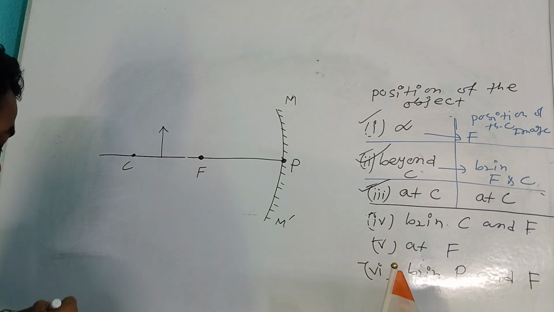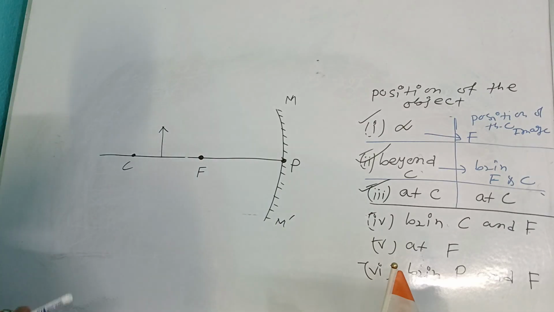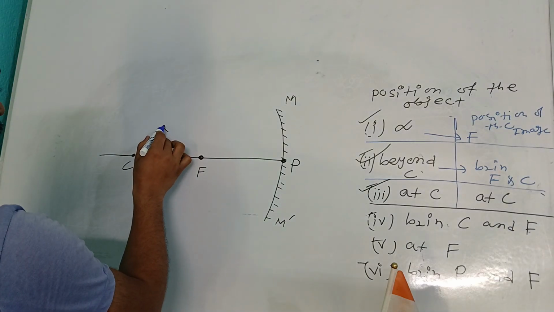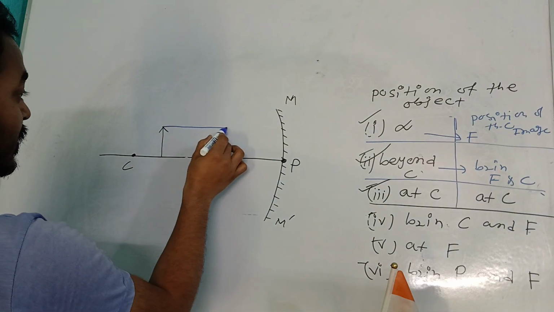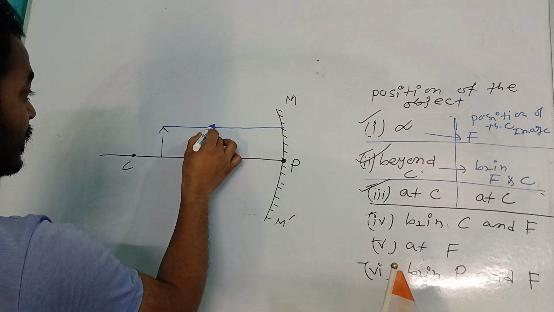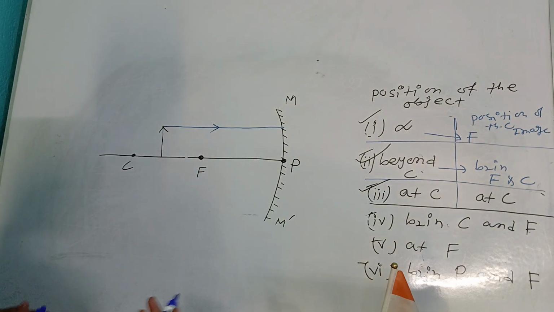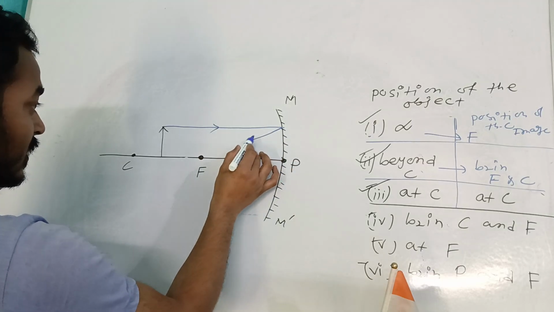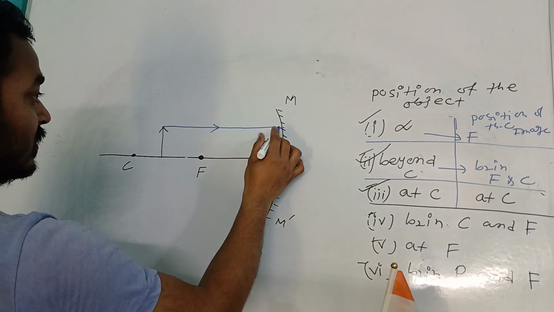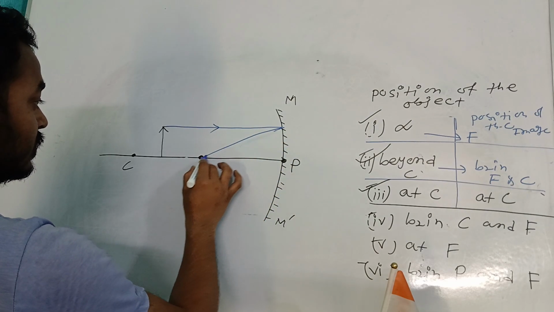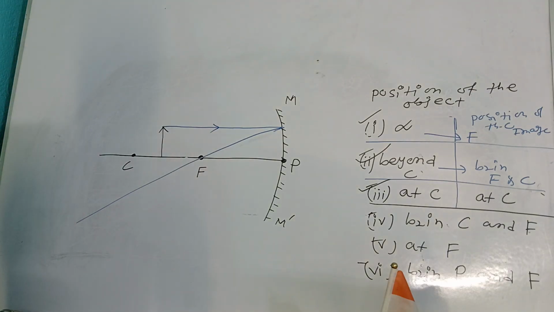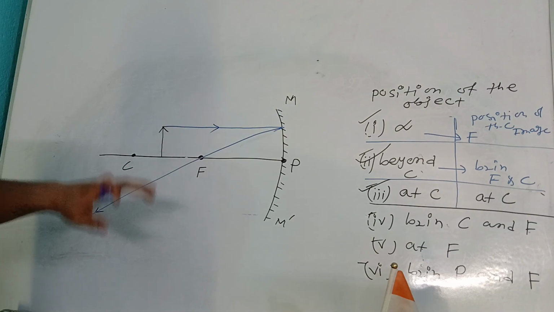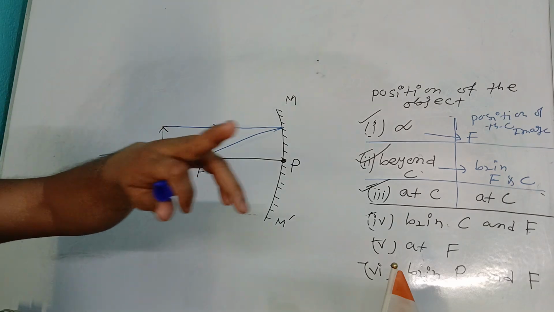So same, when the incident ray is parallel to the principal axis, after the reflection it passes through the focus. So it is passing through the focus, that is reflected. Next one, exactly.